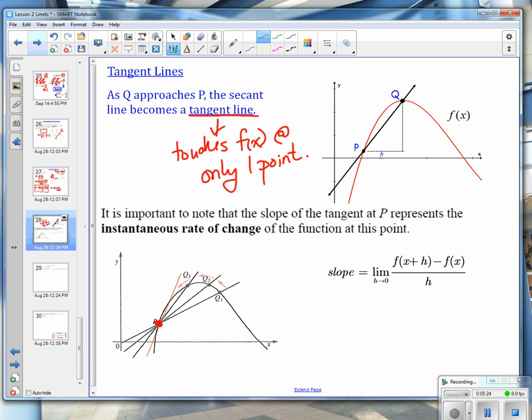So at that 1 point P, that's our instantaneous rate of change. You can see I've drawn these secant lines, and as Q is moving closer to P, we're going to get a line that only touches our curve at 1 point.